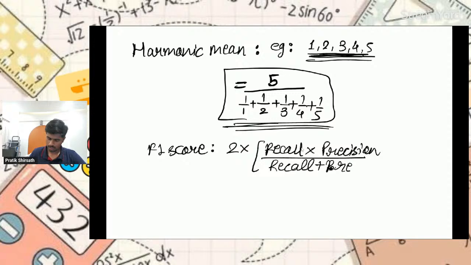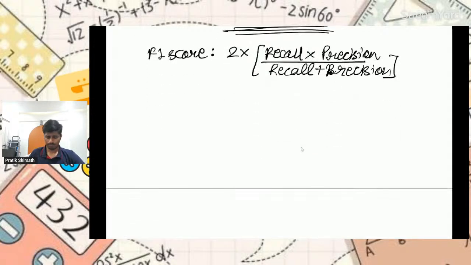How did I get this formula? Understand that recall and precision are trade-offs of each other. What do you mean by trade-off? If one increases, then the other has to decrease. This is the meaning of trade-off.